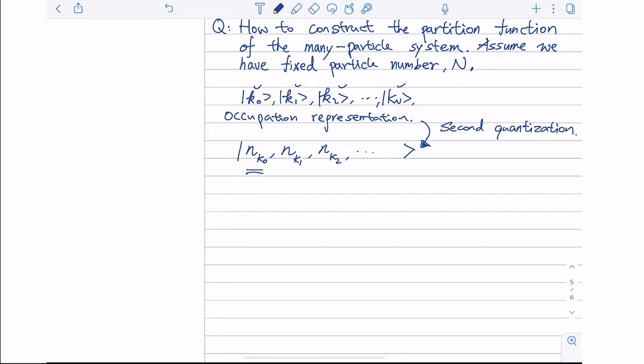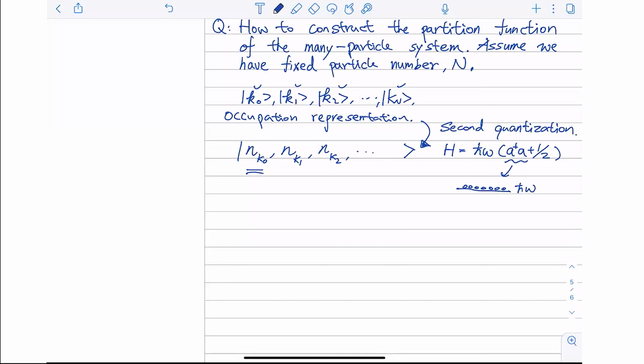Maybe the simplest example of second quantization is the simple harmonic oscillator that we have discussed, because the Hamiltonian can be written as h bar omega times (a dagger a plus 1/2) for this single mode operator. And this a dagger a, if you represent it in a different fashion, you can express it as the number of harmonic oscillator quanta occupying this particular mode of h bar omega.